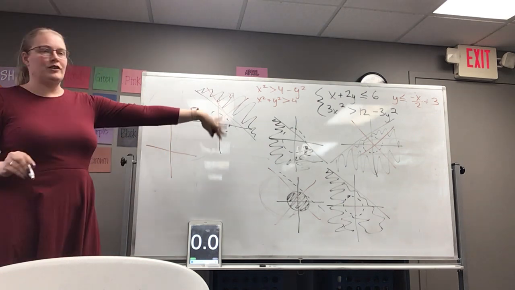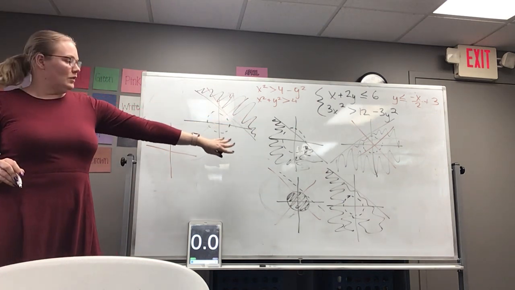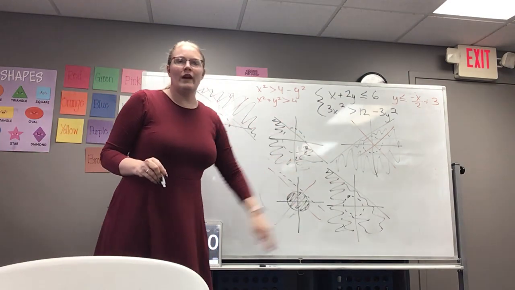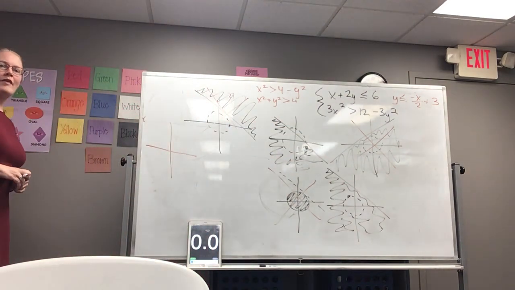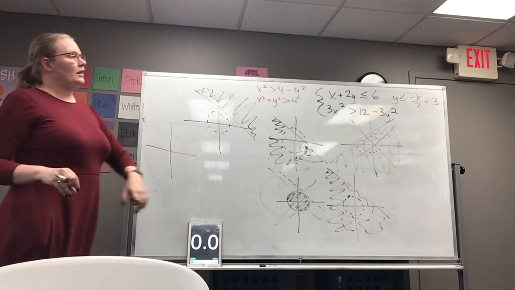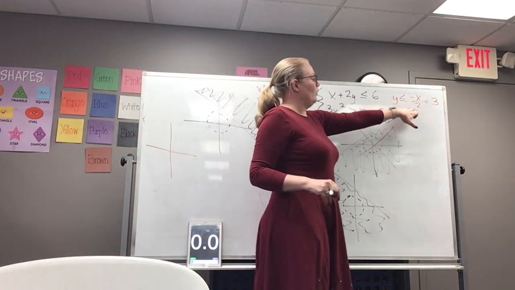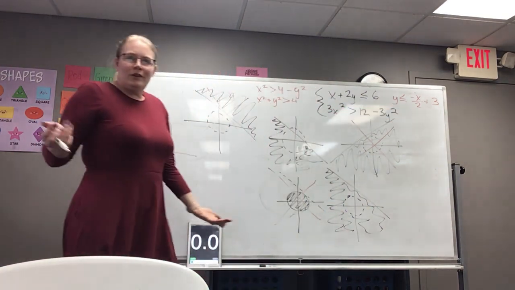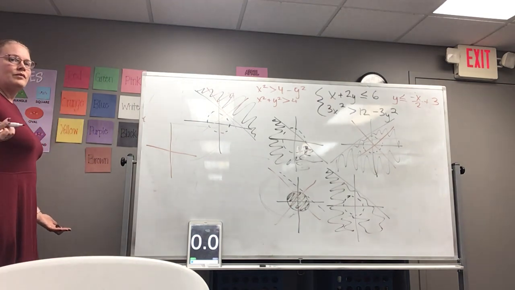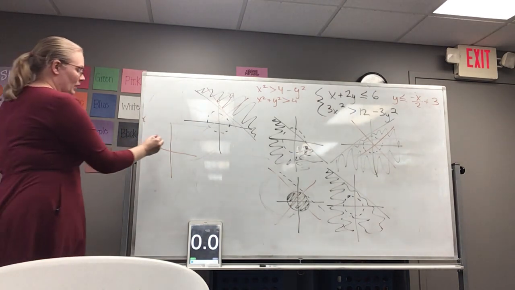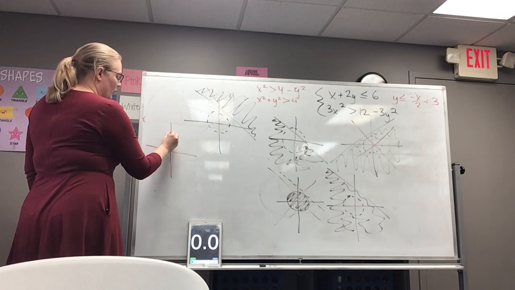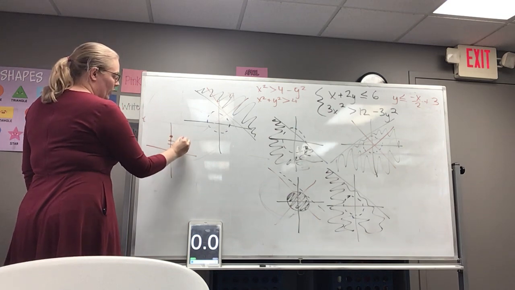We've already figured out the shading, and the shading is essentially the same, it's just where this line is positioned, so we don't need to worry about that as much. The idea is, this graph, what's my y-intercept?